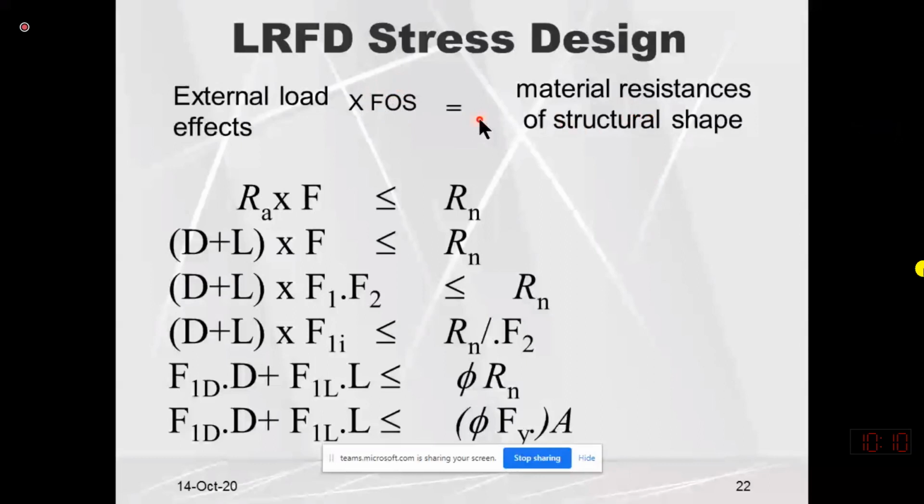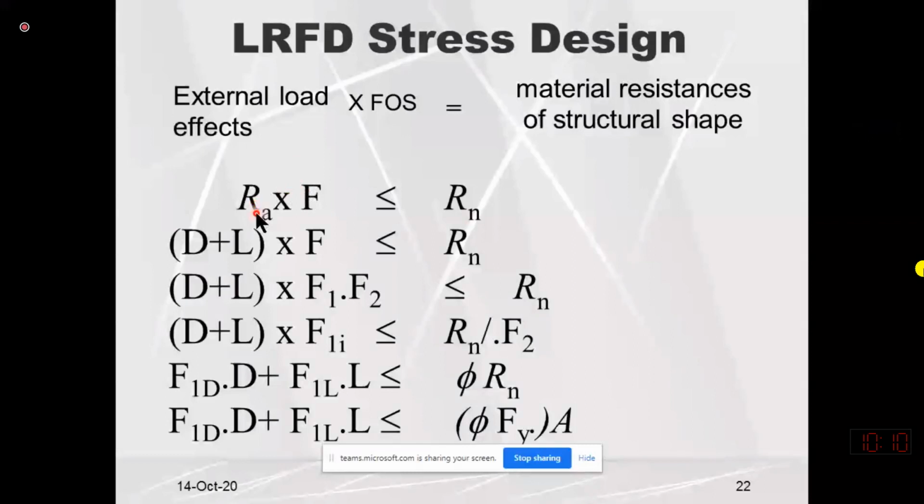In LRFD, if I write this equation in arithmetic form, we represent the external load effect with a general nomenclature Ra, and the resistance of the structure is represented by Rn.